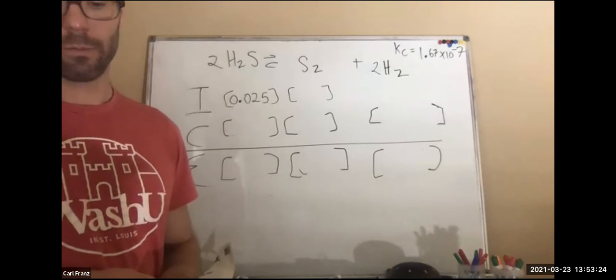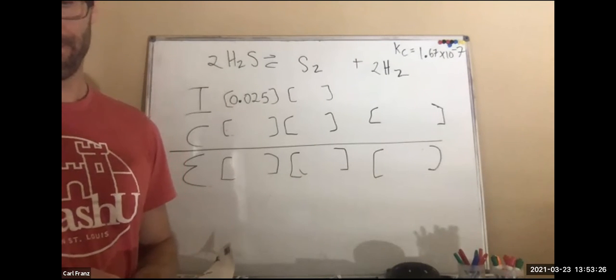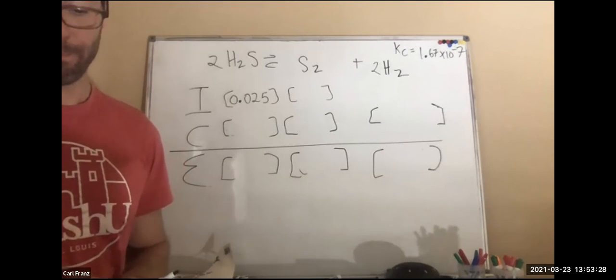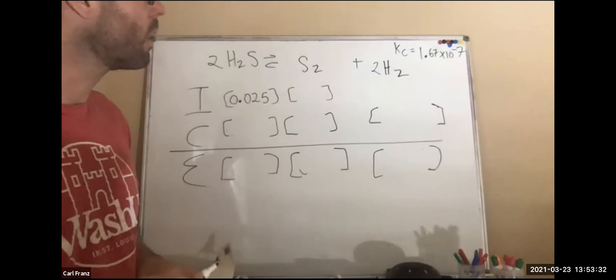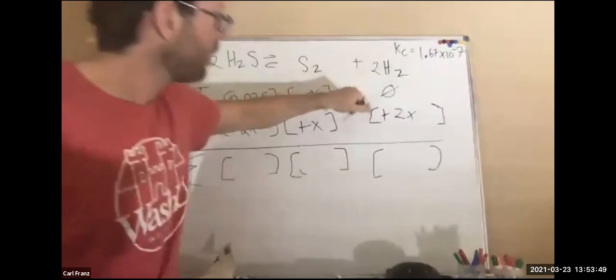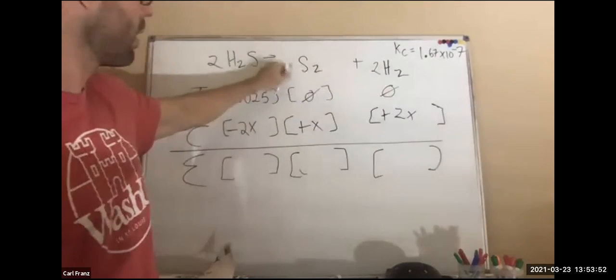Okay. What's next? The initial concentrations of the products are both 0, and then the change would be minus 2x, plus x and plus 2x. Good, because of the coefficient.